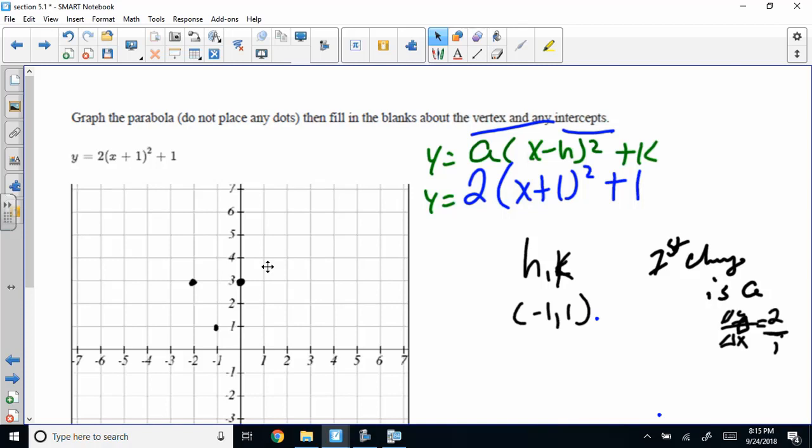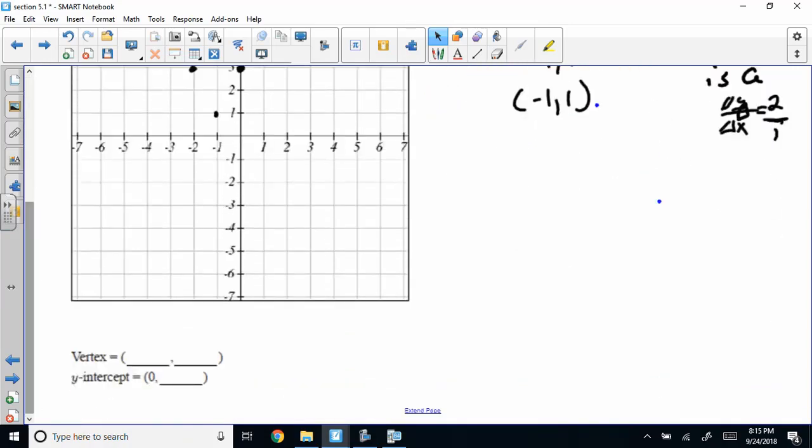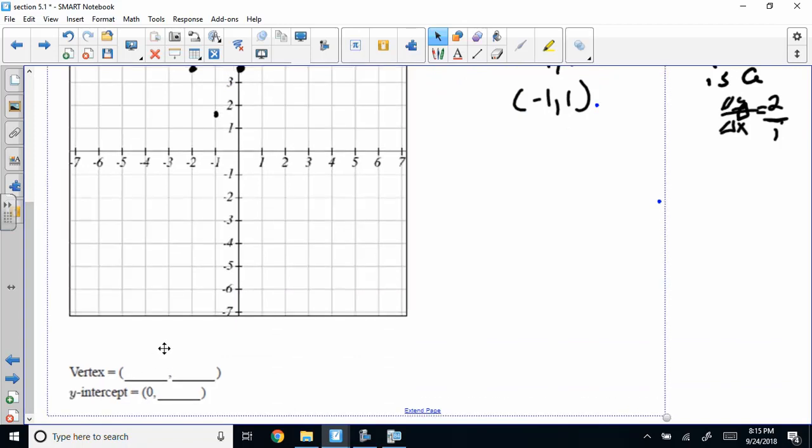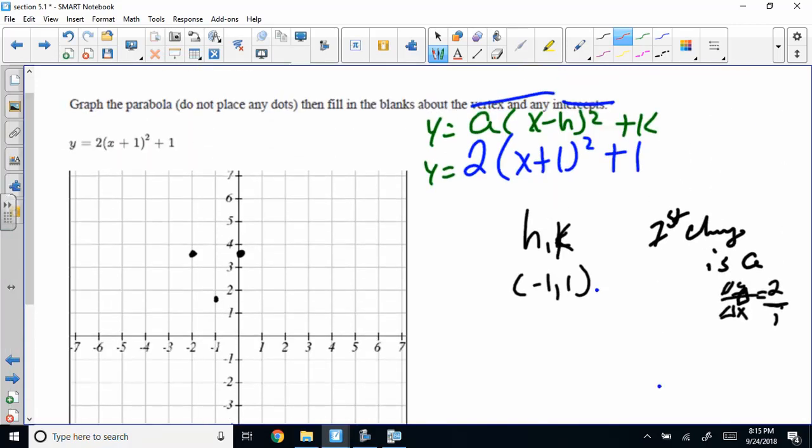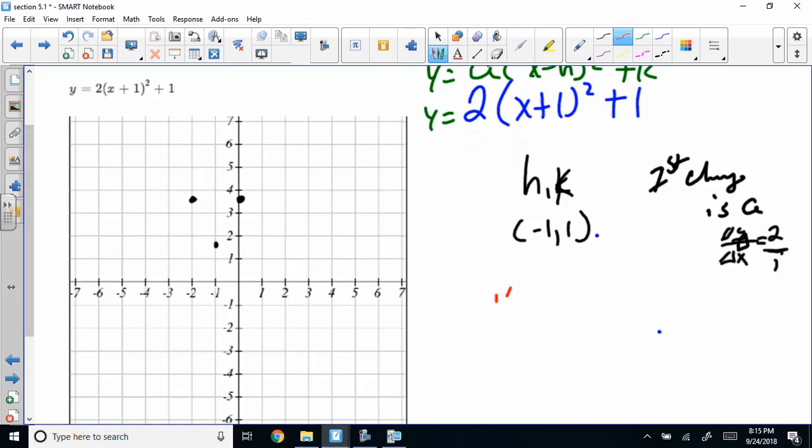Okay. You good? Do we got to answer anything down here? Yeah, what's the vertex? -1, 1, and that's 0, what? 3, right? Now, how do you find the y-intercept? Well, let's look. y equals 2(0 plus 1) squared plus 1, right?